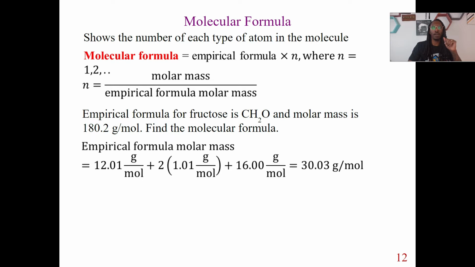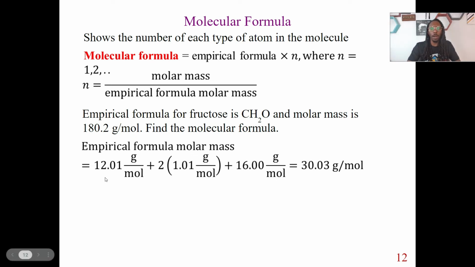In this case, our empirical formula is CH2O. So we're going to take one carbon, which is 12, and we're getting the 12 from the periodic table, so there's 12 grams for every 1 mole of carbon, plus 2 hydrogen, so 2 times 1, because there's 1 gram for every 1 mole of hydrogen, plus 1 oxygen, and there's 16 grams per 1 mole of oxygen.